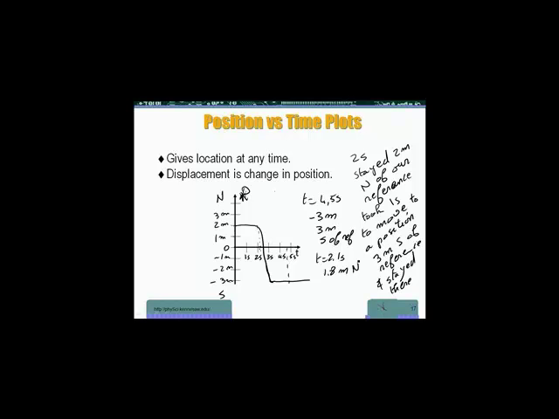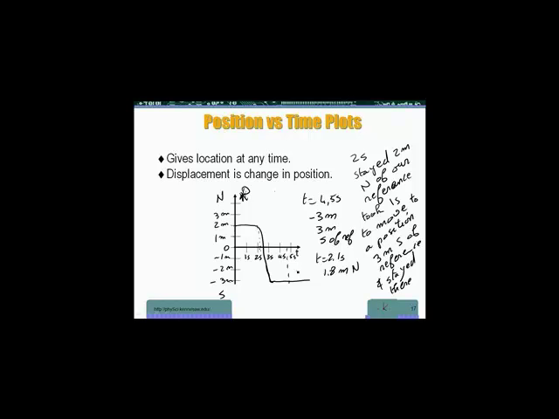So the bottom line is, in a position versus time graph, we are going to be able to read off the position by just looking at the graph.